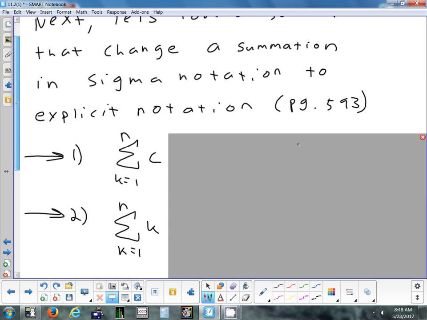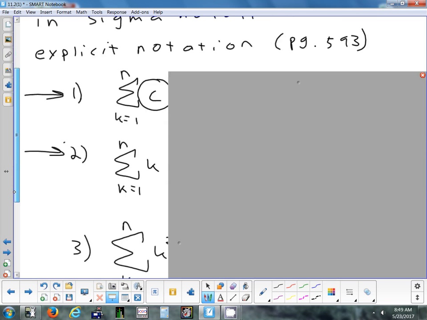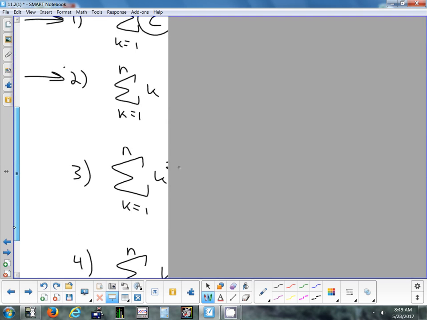And this says you're adding up from 1 to n a constant. Okay. So where's the k on this right-hand side? Every other one we do is going to have k's on the right-hand side.